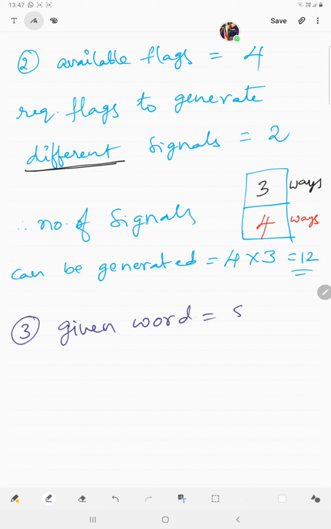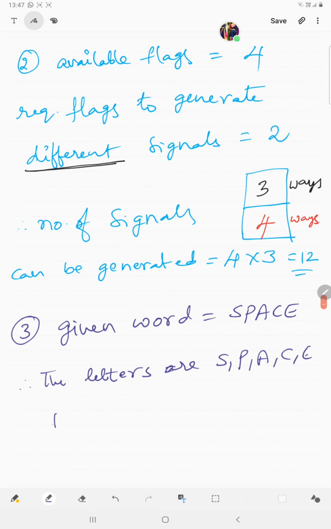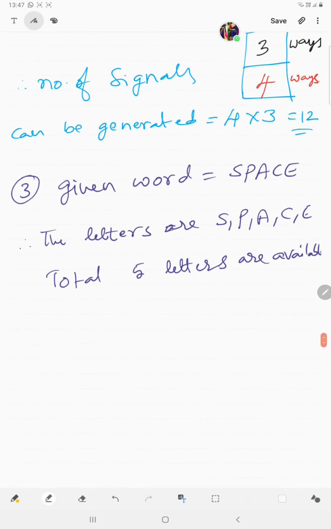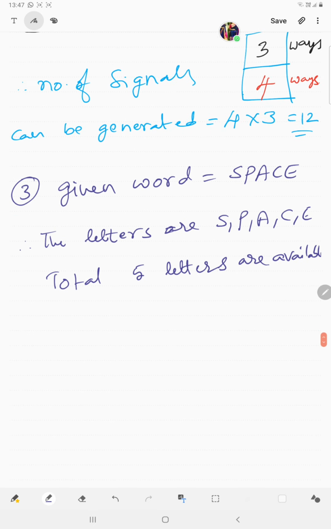The given word is SPACE. Therefore, the letters are S, P, A, C, E. That is a total of 5 letters available with us.